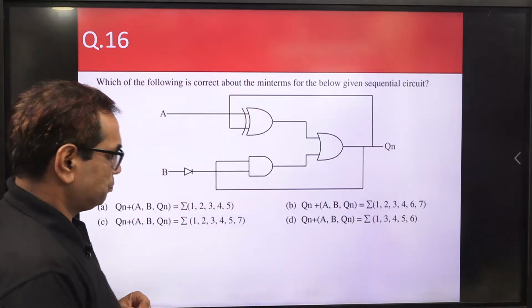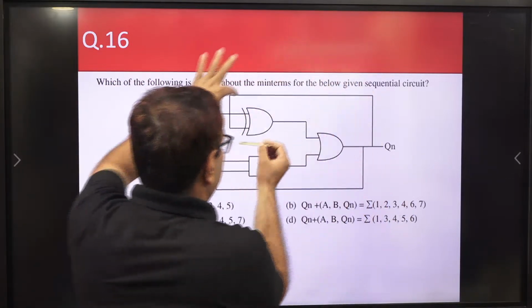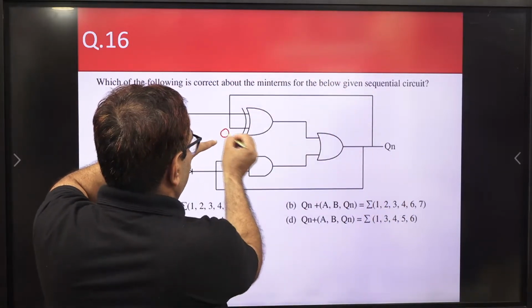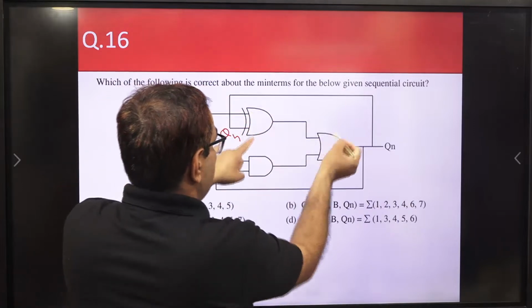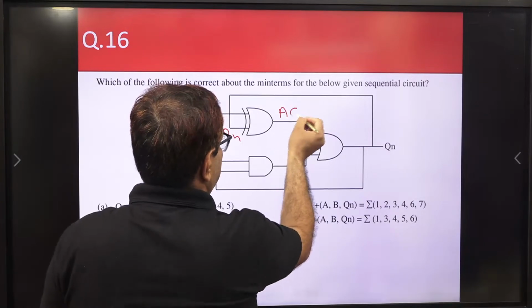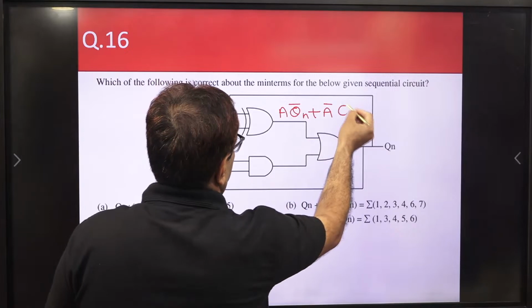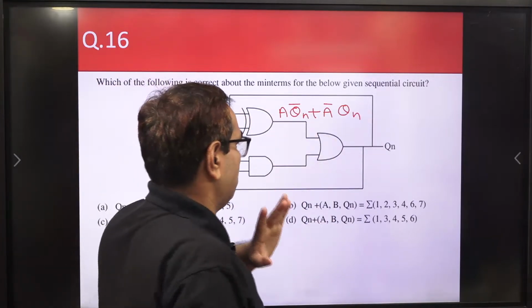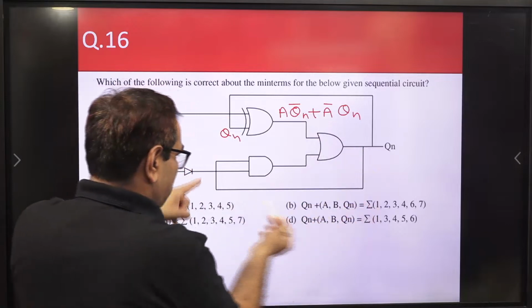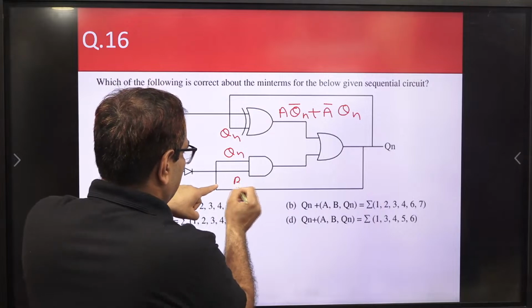So here, this Qn is the present state, going here, and here it is A, and this is an XOR gate. So output will be what? A Qn bar plus A bar Qn. This will be the output of this XOR gate, which will go here, right? Now this Qn is going to this side also, and this is an inverter, so B bar is going here.